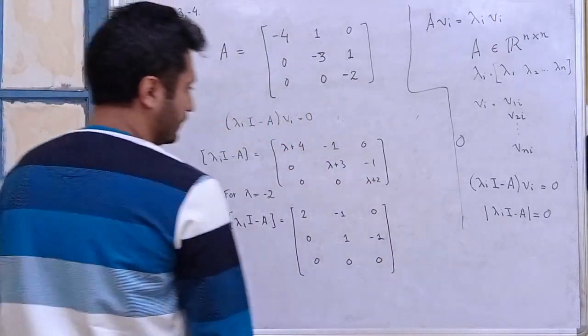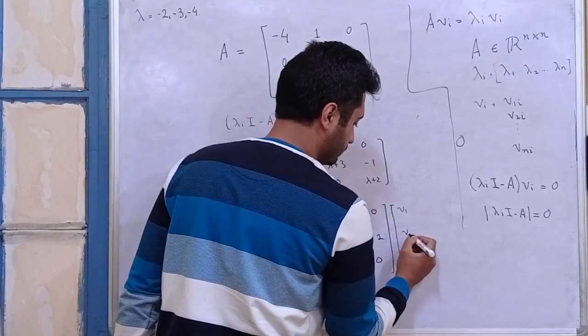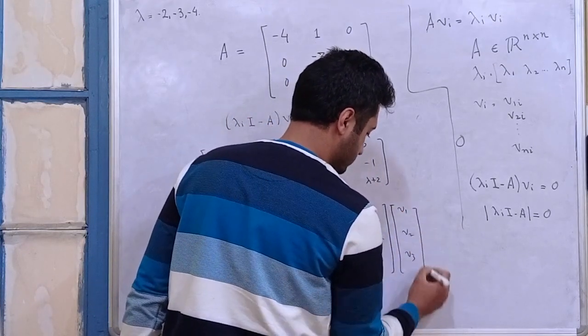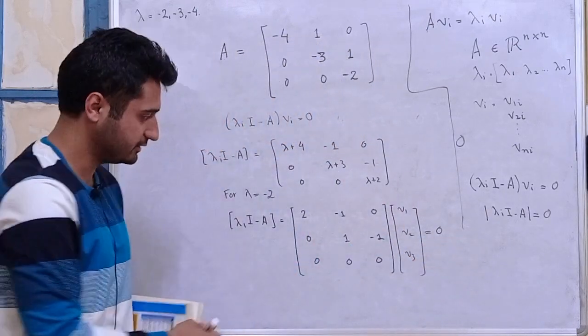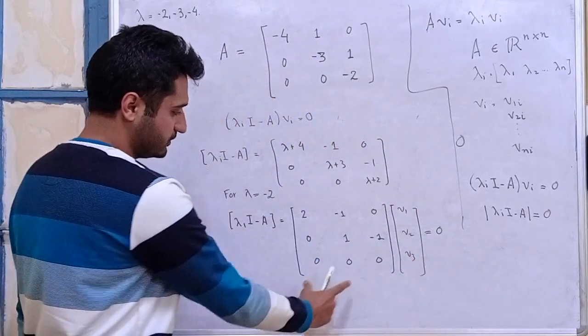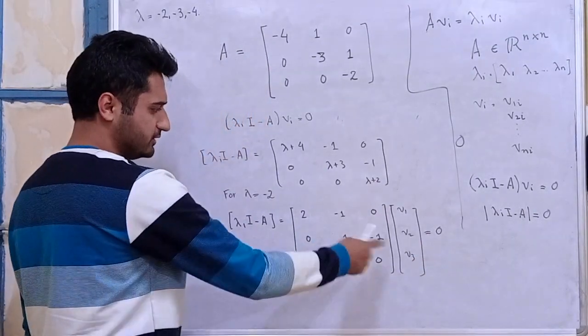Now you have V1, V2, V3, and this is equal to 0. So basically you have to find a vector of length 3 which this transformation takes to the null space. So you have to evaluate this equation.